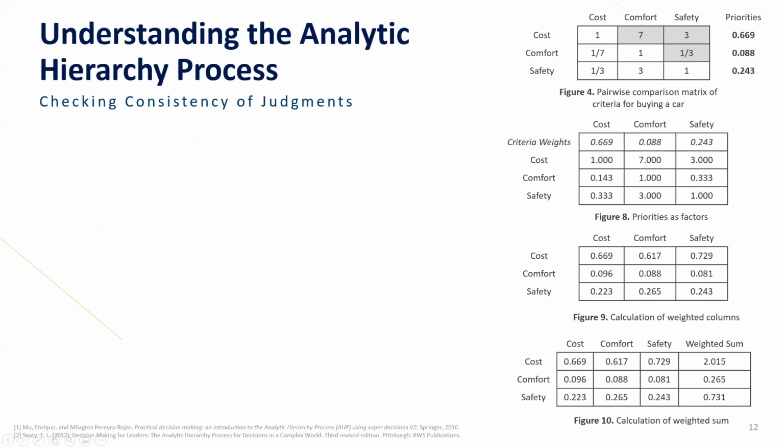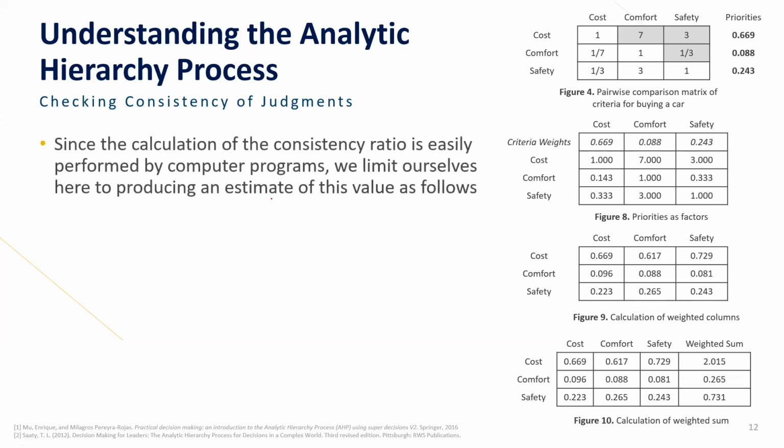Okay, now let's try to calculate the consistency of our previous judgment about the criteria of buying a car. This we still talk about the criteria. Come back to the previous result. We have this one, right? The pairwise comparison, and then the priorities.